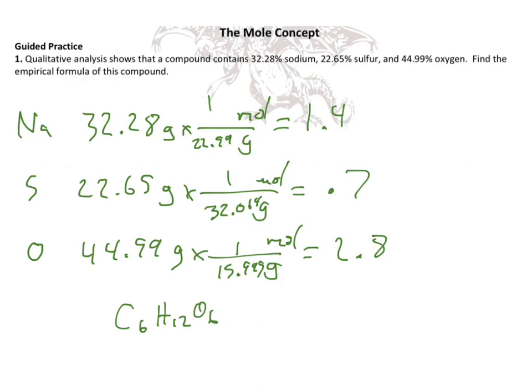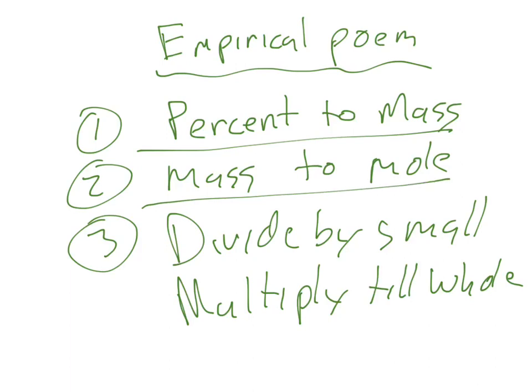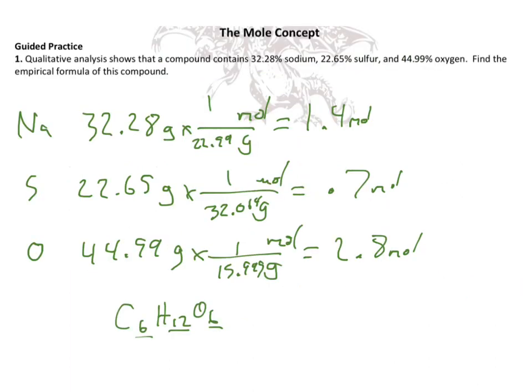When we convert these to moles, we can then figure out the molar ratio. And to figure out that ratio, you divide by the small. We took the percent to mass, converted the mass to moles, and now we're going to divide by the small, which will help us find the mole ratio.